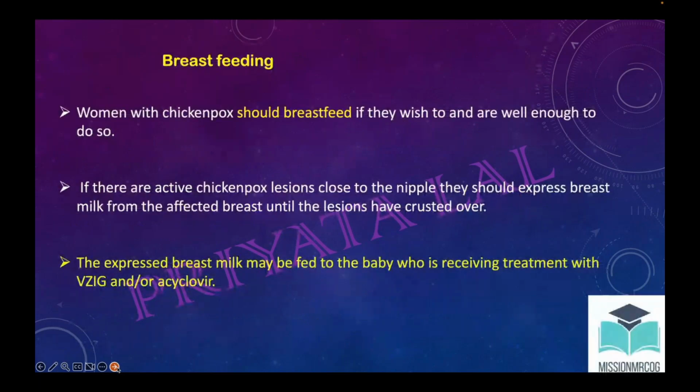Now, breastfeeding. They can breastfeed if they wish to, but if active lesions are near the nipple, they can express the breast milk.